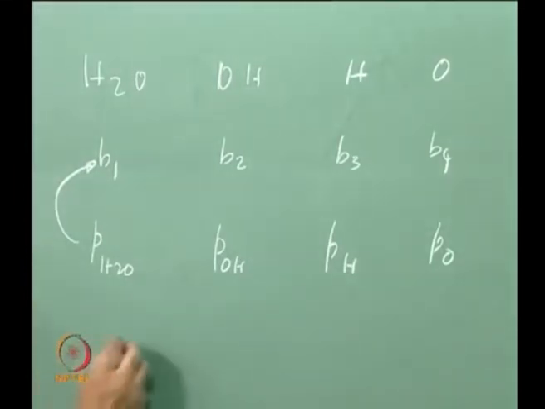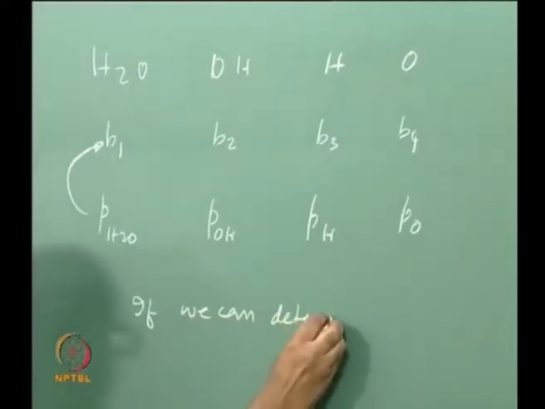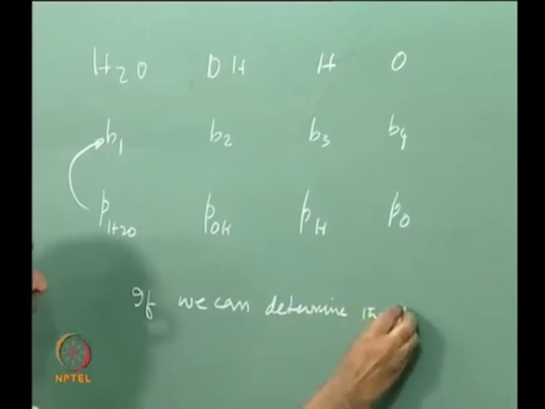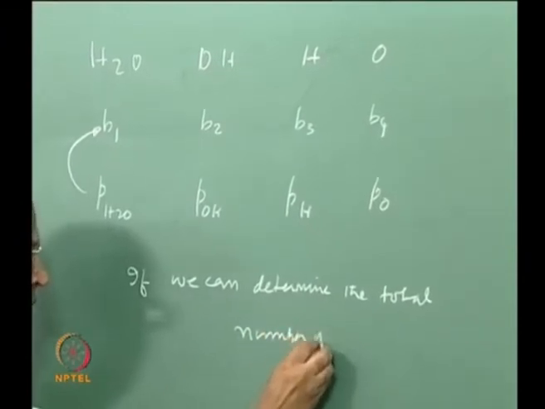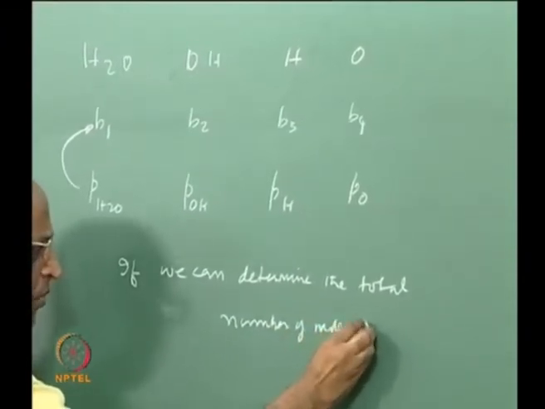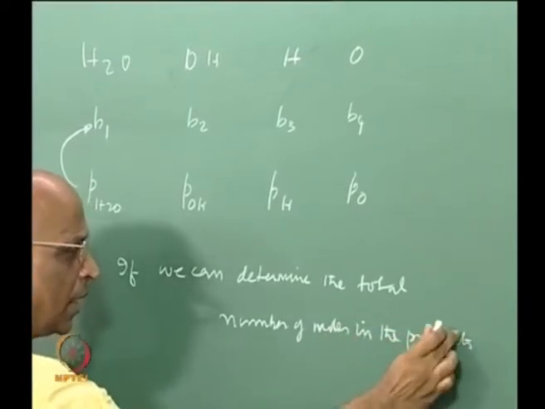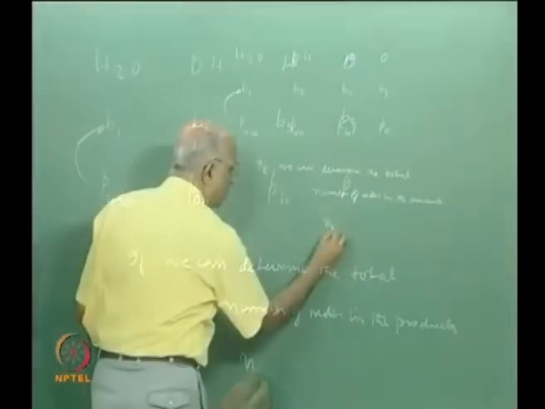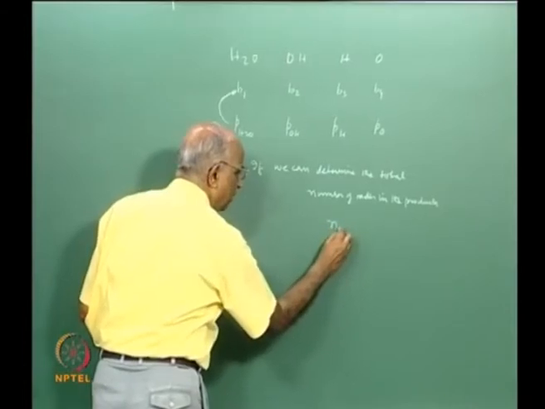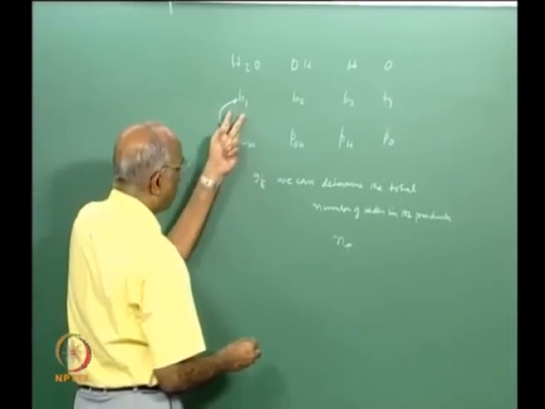To be able to do that, if we can determine the total number of moles in the products, then I can always go back and determine this. Let us say that the total number of moles in the products is NT, total number, and now the total number of moles of H2O is B1.